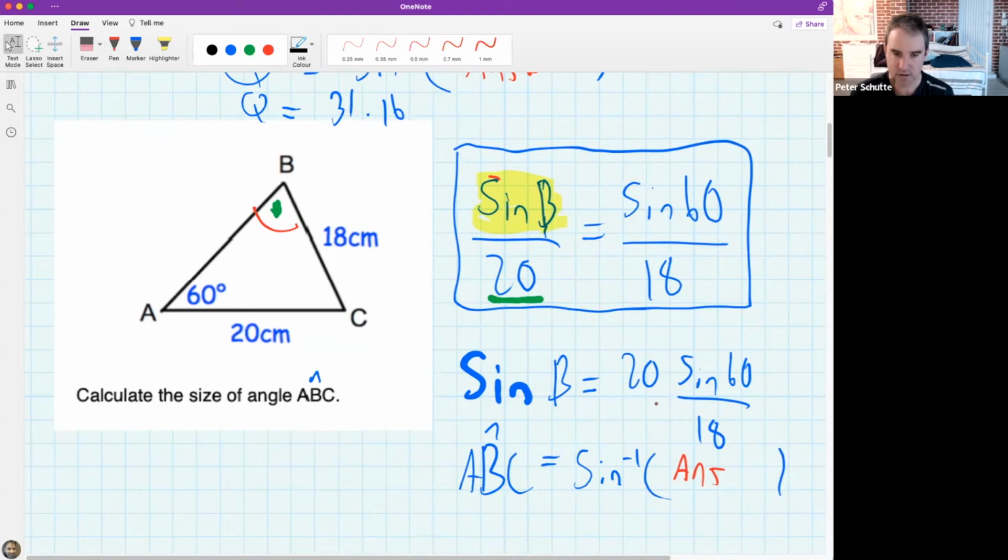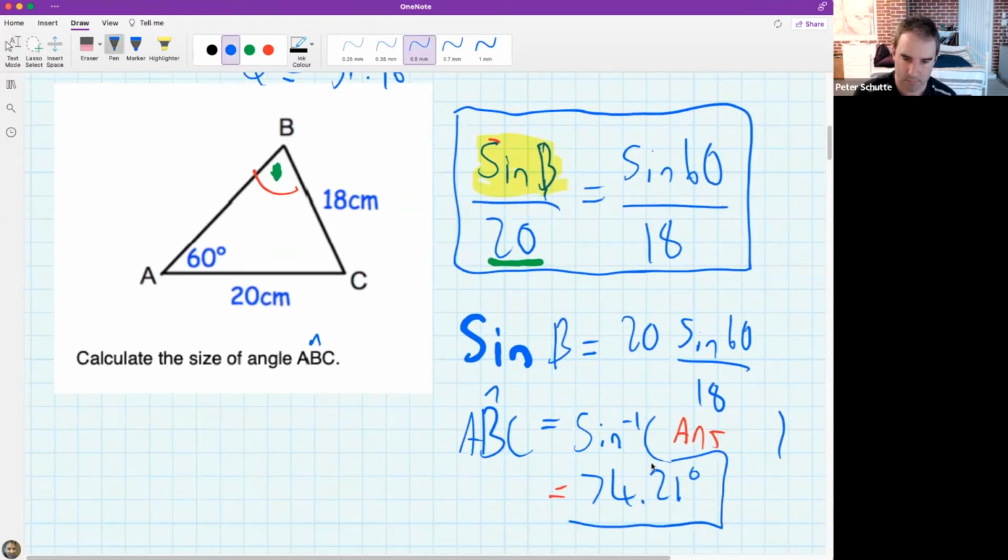So shift sine, and then, okay, and you should be getting equals to 74.21 degrees.